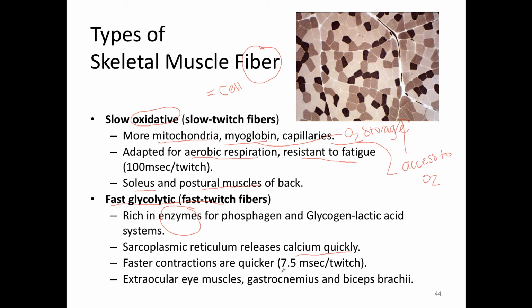Faster contractions mean quicker twitches, about 7.5 milliseconds per twitch compared to 100. That's quite a difference. These include your extraocular eye muscles that you move your eyes around with, your gastrocnemius in your calf, which you can use for jumping, and your biceps brachii, the muscle in your arm.